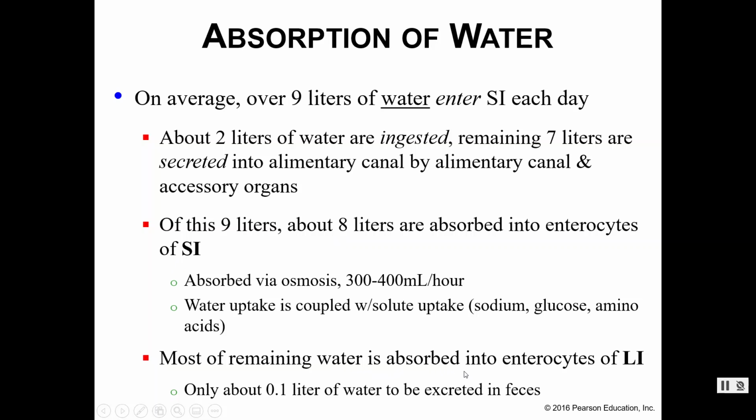The remaining water is absorbed by the large intestine, okay? And we do almost all of that last liter, about 1/10 of a liter, so about 100 milliliters of water is excreted in feces. Okay, so we put 9 liters in, and we reabsorbed all but about 100 mils, which is excreted in feces. So that's pretty good.